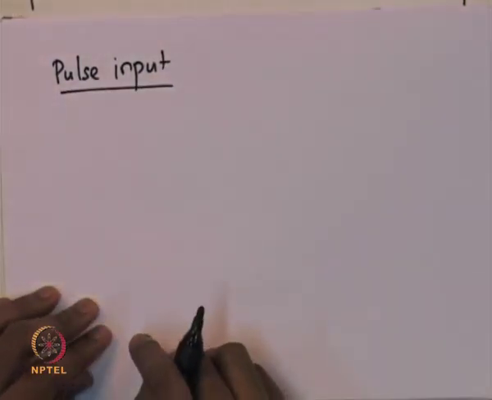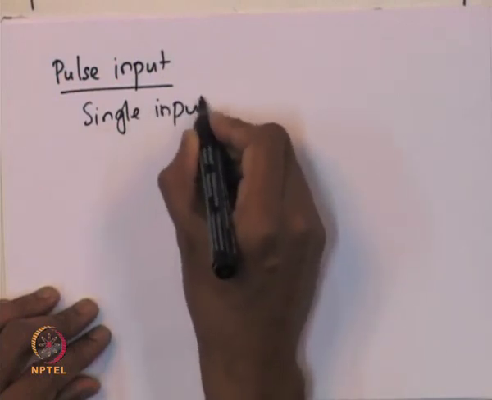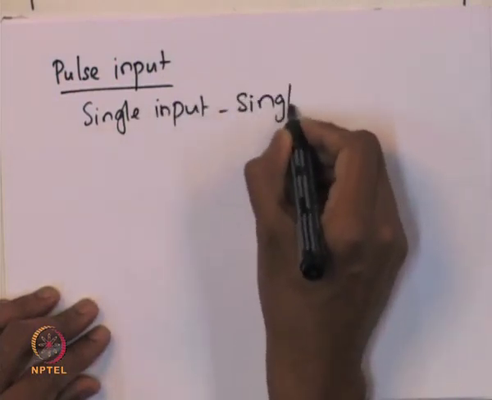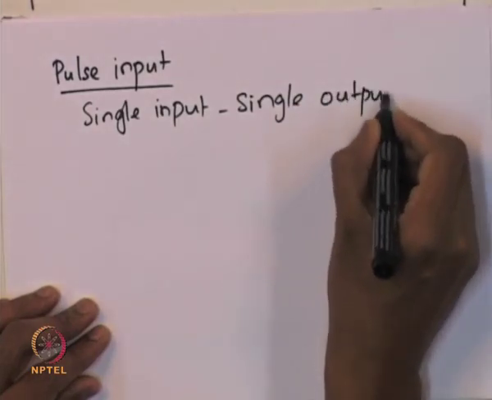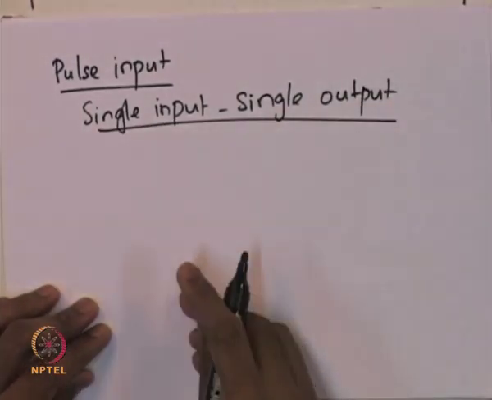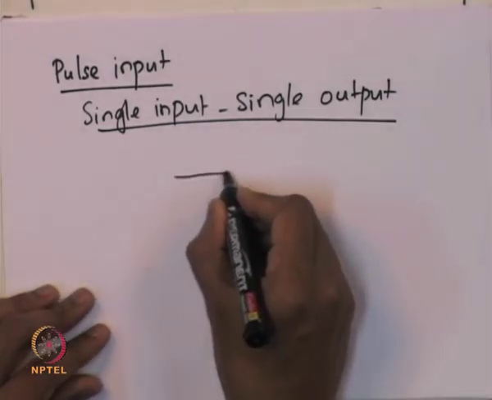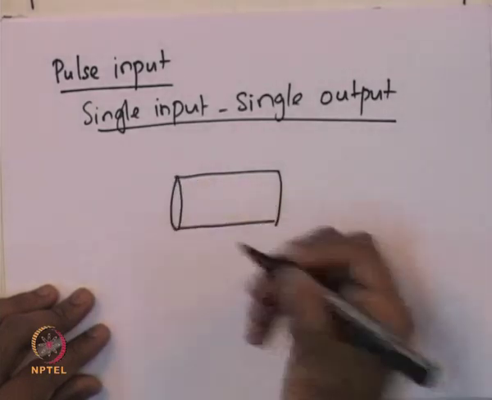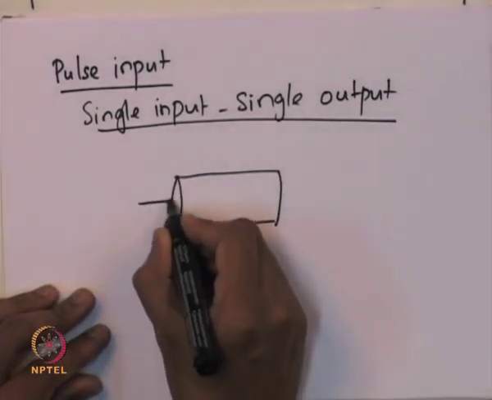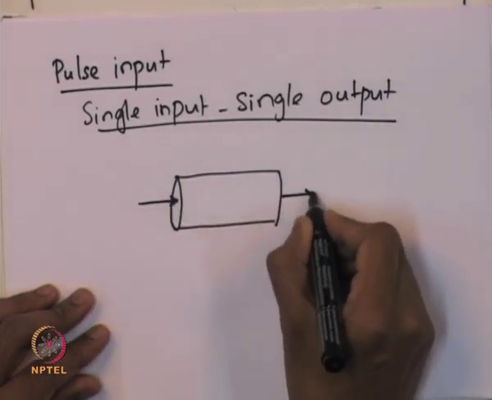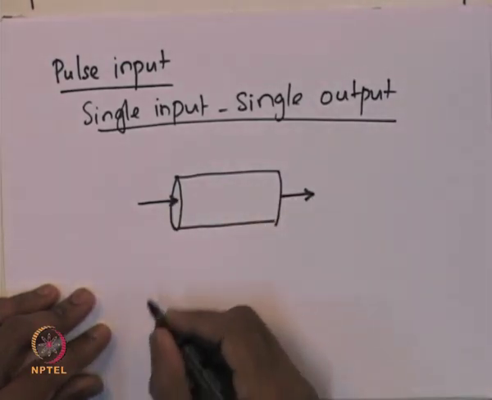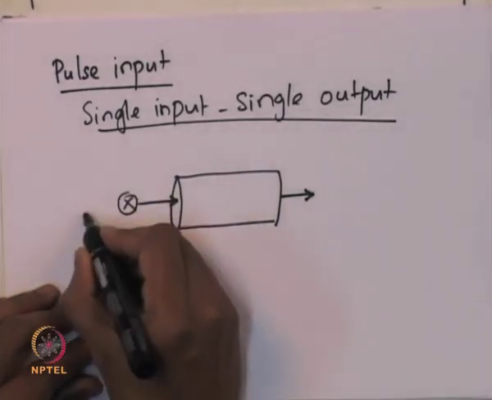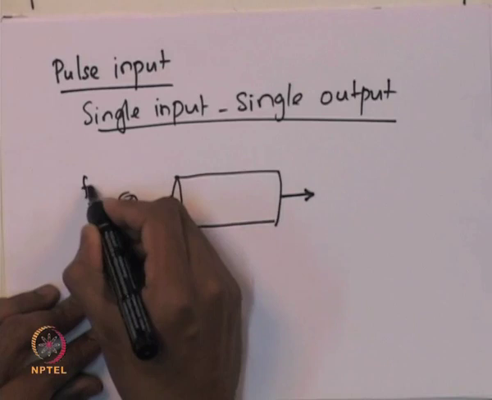Now suppose we consider a single input single output system, that is, suppose there is a reactor and there is a single input stream to the reactor and a single output stream from the reactor, and there is a feed stream.